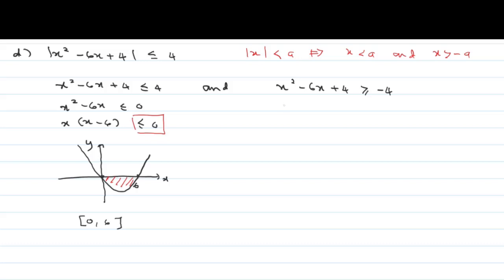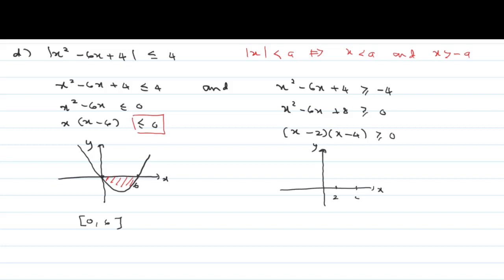For the second one, we have x squared minus 6x plus 8 greater or equal to 0. Then we have to factorize. So we have x minus 2, x minus 4 greater or equal to 0. Use graph to solve the inequality. So we have 2 and 4. So graph opens upwards.